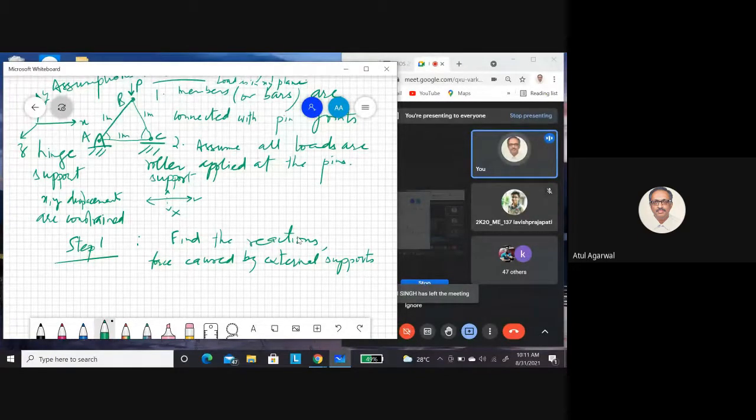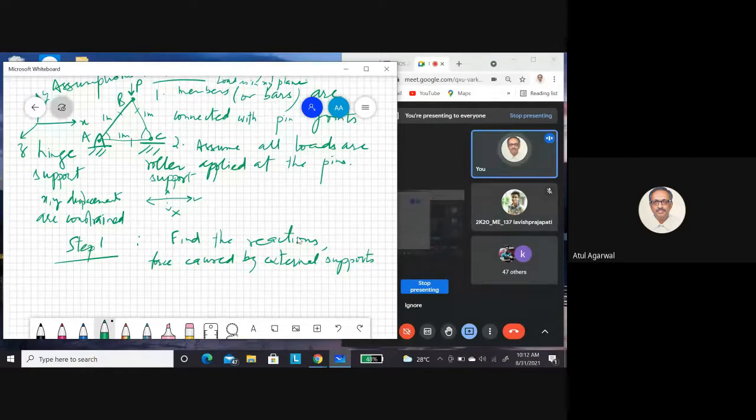Now all these bars are connected with a pin joint, so basically a rotation is allowed between the two bars. Only constraint is that displacement in x and y direction at each pin has to be the same, whether you're on bar AB or BC. Similarly, whether you're on bar AB or AC, displacement of point A is the same.